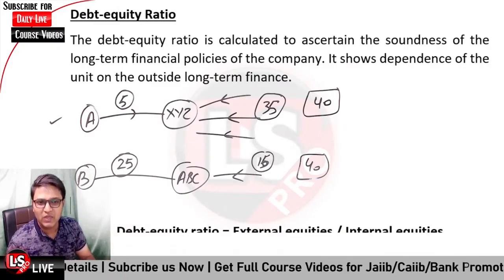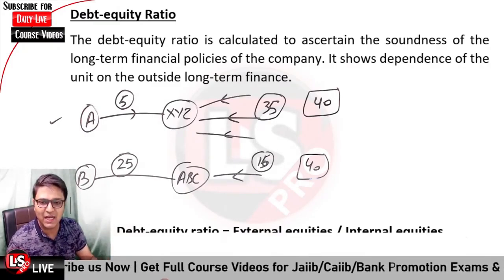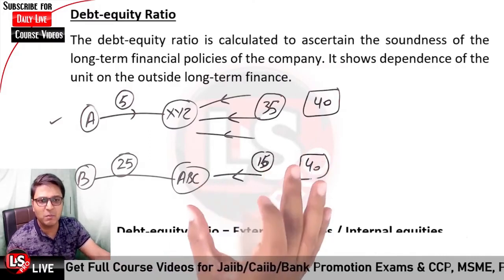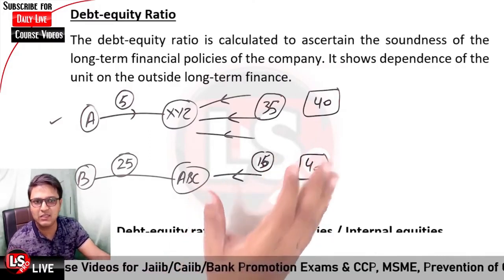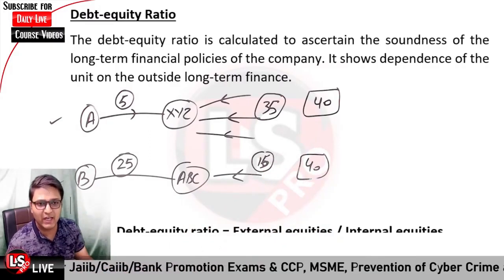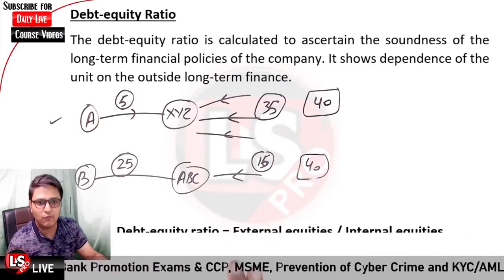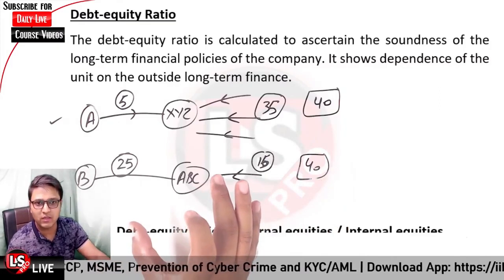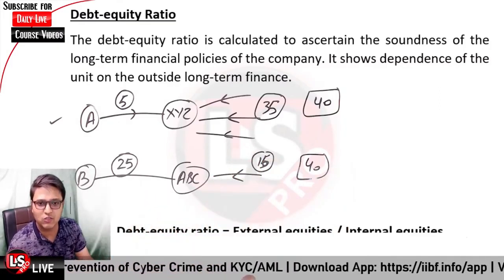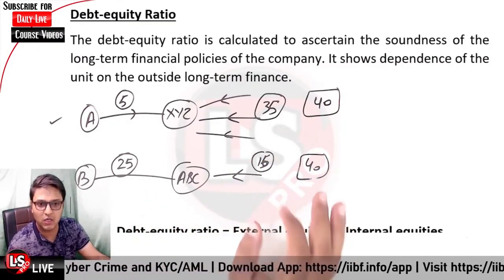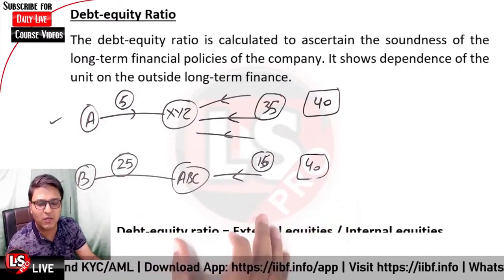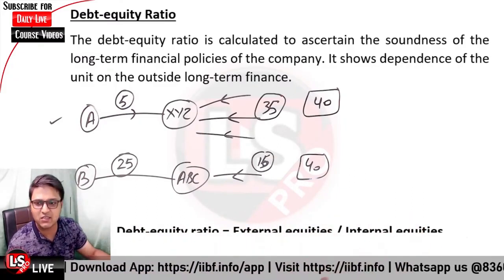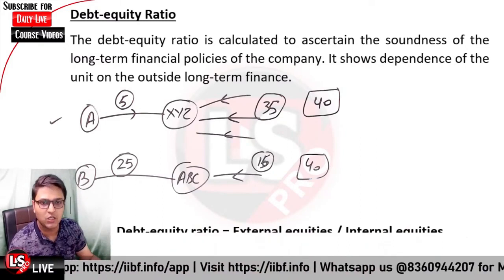If you have much higher financial leverage, that makes the business much riskier. It may give you very high profits, but it may also make you lose your money. So leverage is required, but very high leverage is also much riskier. You must know that point.